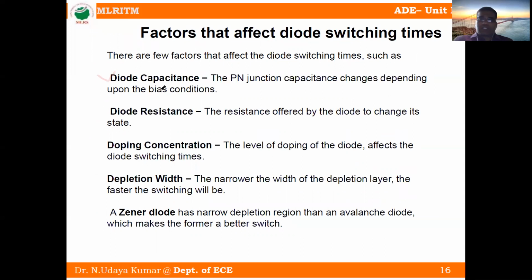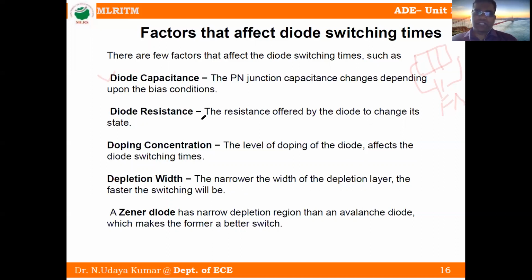Diode capacitance is nothing but junction capacitance, and this junction capacitance depends on bias voltage. If bias voltage is more, what happens? If it is forward bias, junction width reduces, then diode switching time may differ.